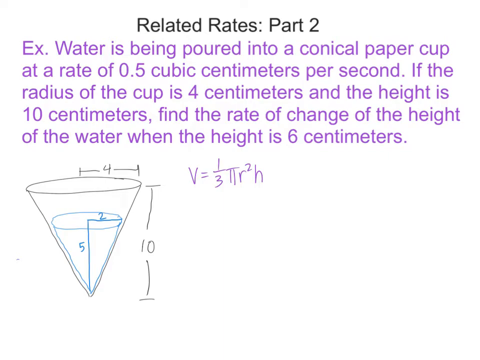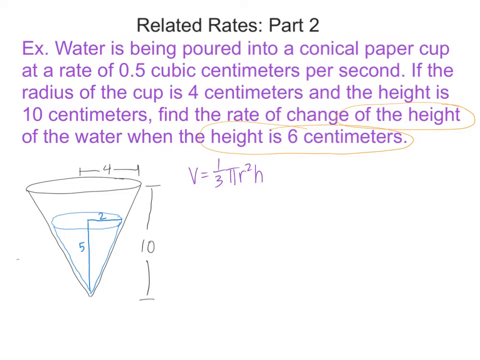Now, the question asks me about height. When the height is 6 centimeters, the rate of change of the height. So I could substitute either the r out of this equation or the h out of this equation, but since the given info and the question are both about the height, I need the height to stay part of my equation.